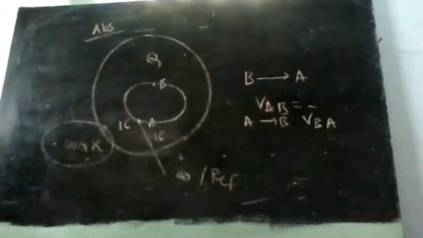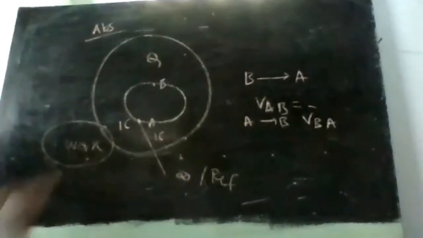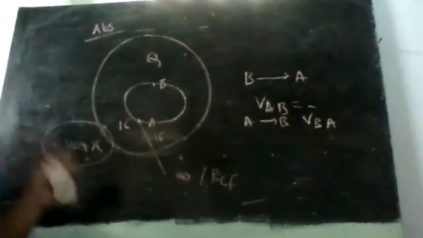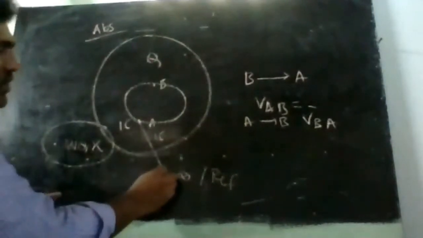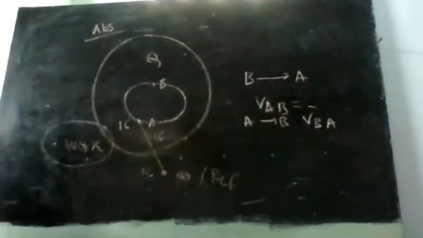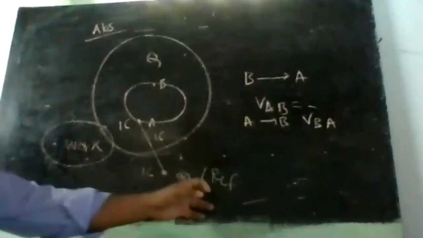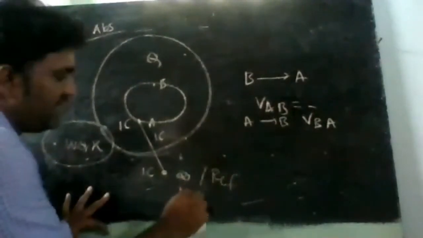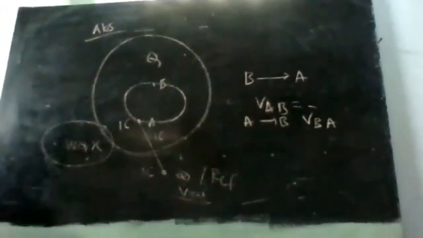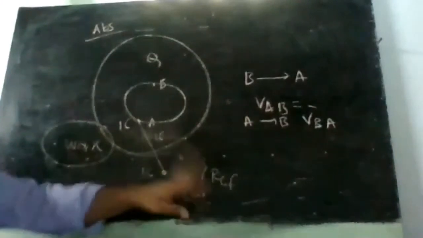So the amount of work done in moving a test charge, or a 1 coulomb charge, from infinity or a reference point, a point where V is equal to 0, where the potential is equal to 0, such points are called reference points.